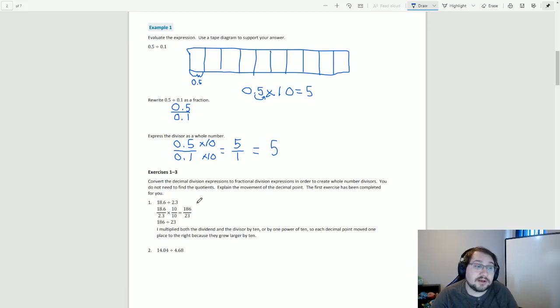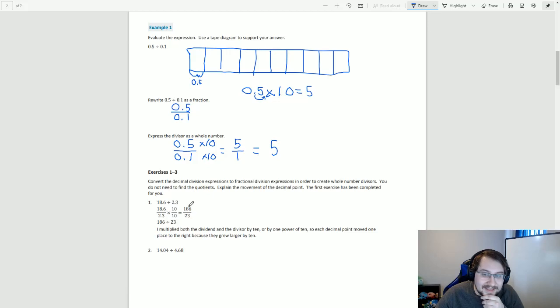We don't want our denominator, our number down here, to be a decimal anymore. We want it to be a whole number. The first exercise has already been done for us, so we're going to look at this.